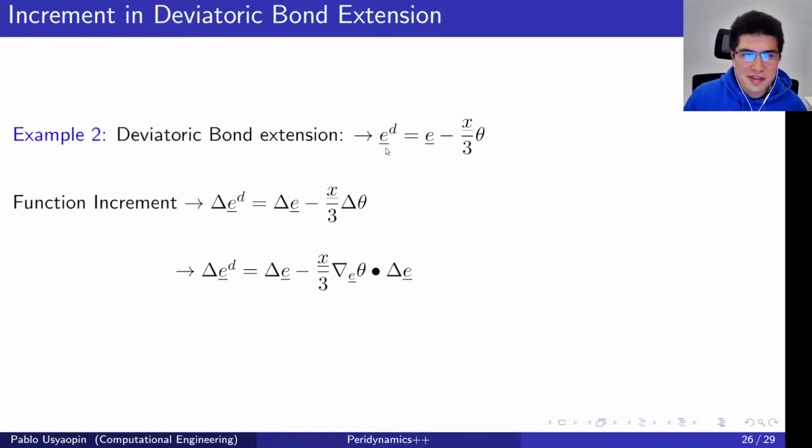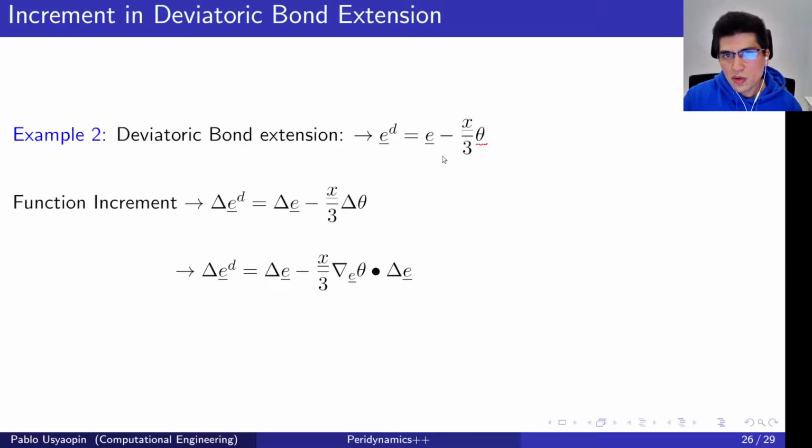So we have here the definition of the deviatoric bond extension. The deviatoric bond extension is a bond from which you take out the volumetric expansion. And the volumetric expansion, we know that it's defined by theta.